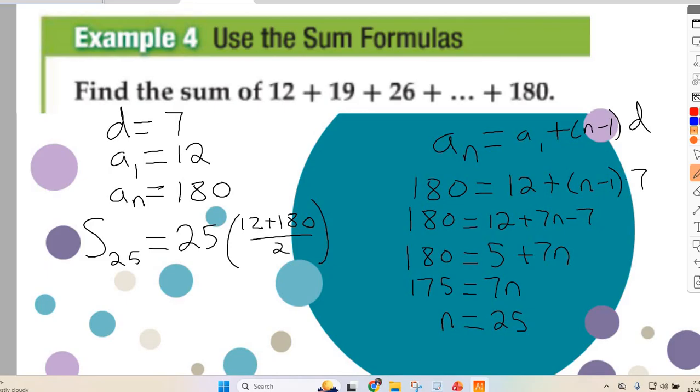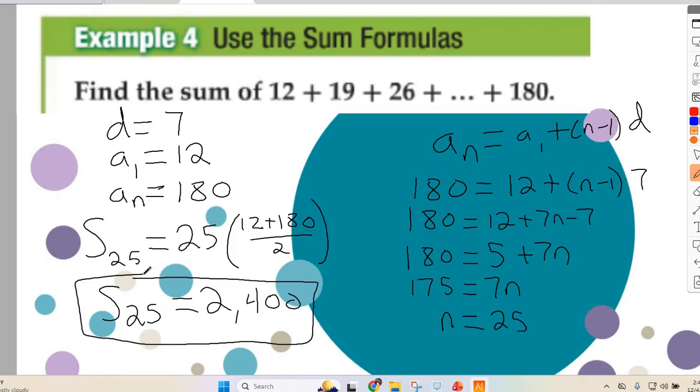So we get 192 divided by 2 times 25. So what do we get? 2,400. Sounds good. And that would be our answer.